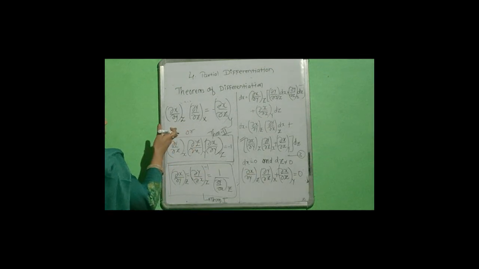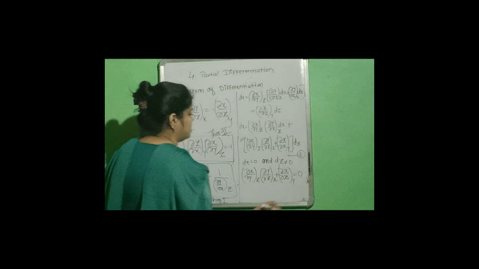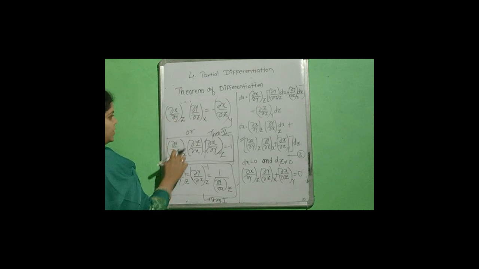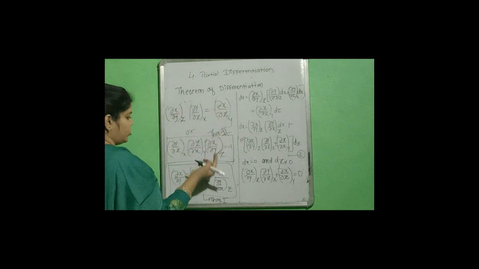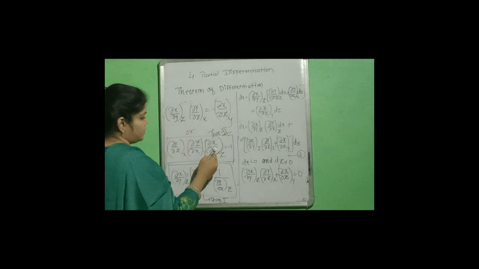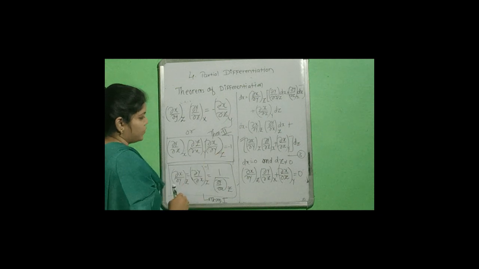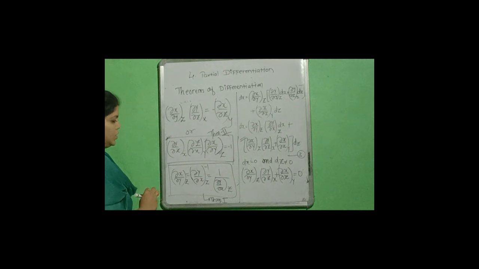Or you can write it this way also: this plus term you can take to the right side, it will become a minus, and if we rearrange these three terms, (∂y/∂z) at constant x stays as it is, then (∂z/∂x) at constant y, we just flip in order to take it to the left side, and this term (∂x/∂y) at constant z equals minus 1. This equation is the second theorem of partial differentiation.